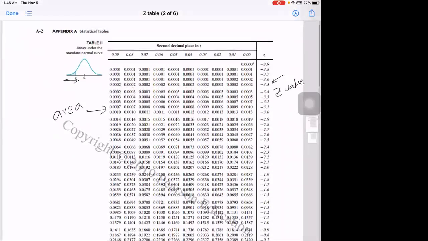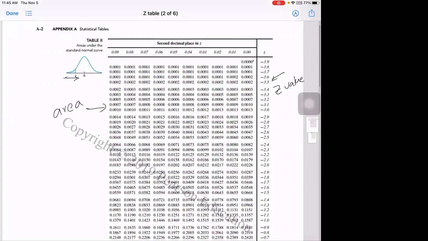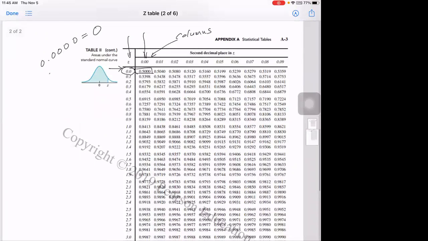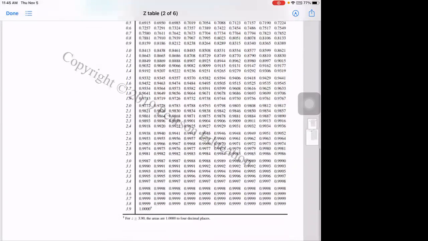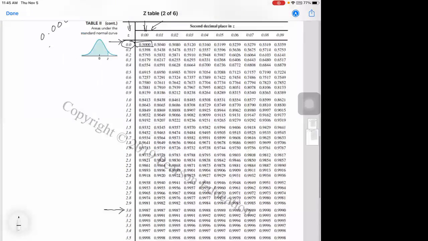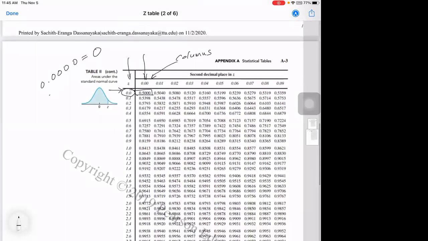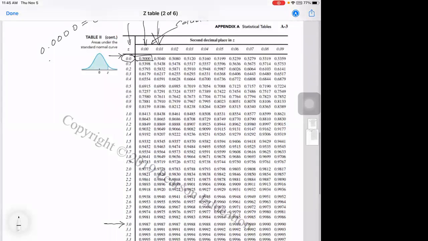See, it is positive 3.01, so you can skip table number 1 and go to the other table. First you have to find 3. This is the row belonging to Z value 3. Then 3.01: the 0.01 you have to find from these columns. It is this column. Coming along with this column, you find this value, 0.9987.